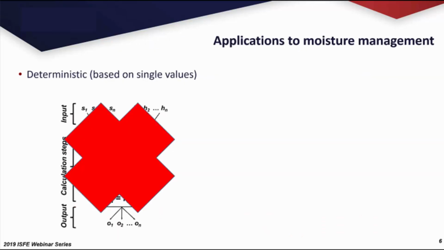So the conclusion of this simple introduction is that the idea of using deterministic calculation procedures based on a single value, and as I said, the single value is typically the average or some other central value description of the data, is flawed.